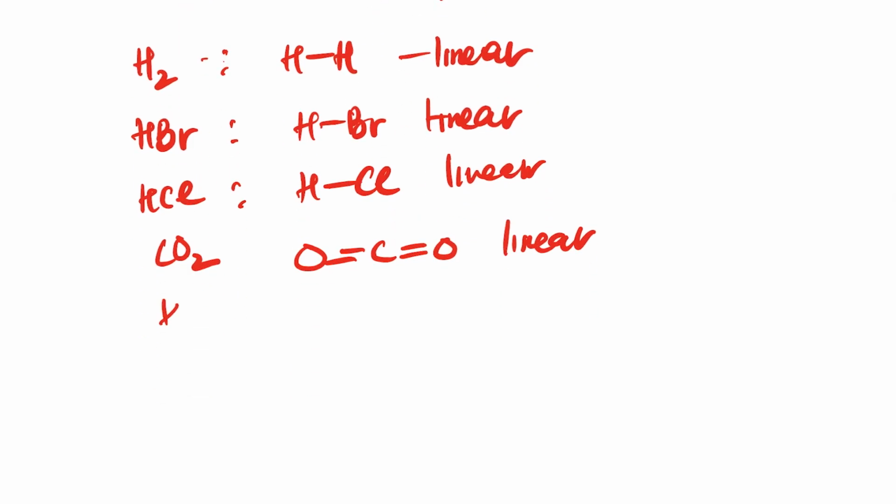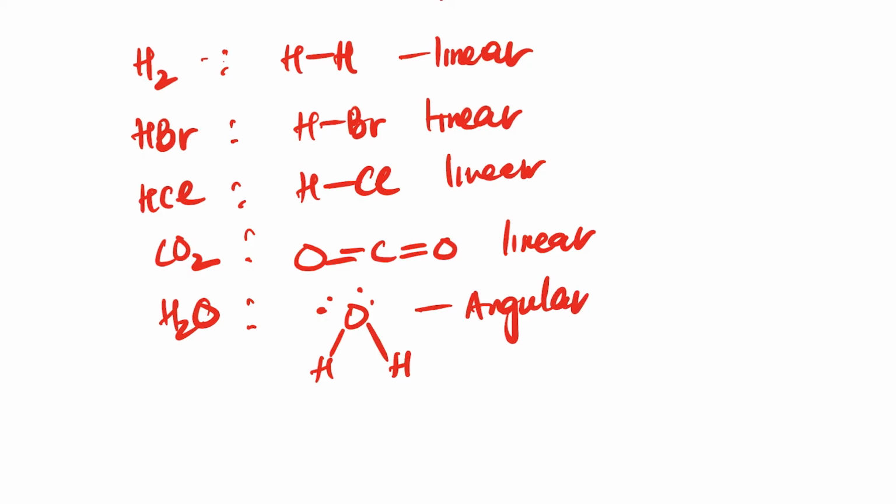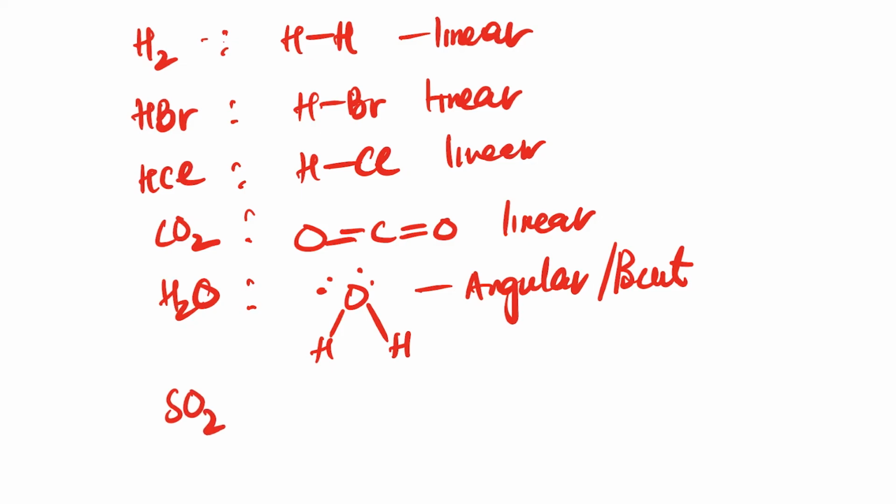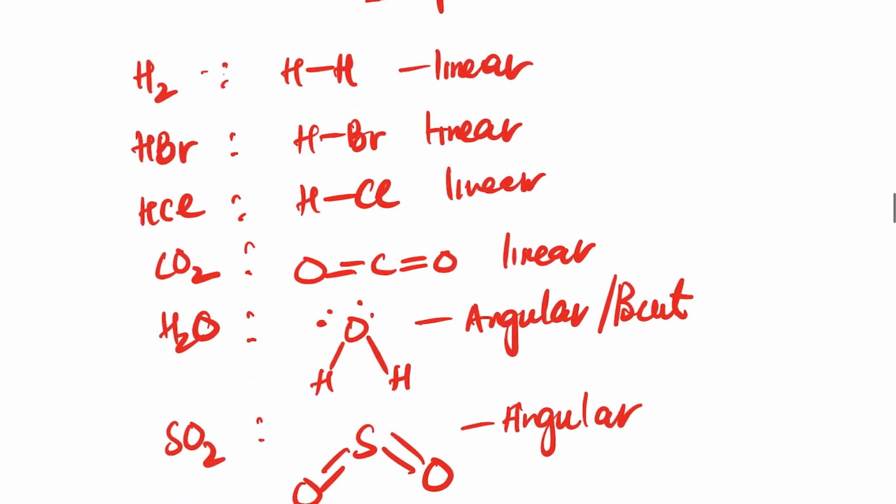Now let's look at the H2O. The H2O, guys, it's like that. Its shape, with its lone pairs, is angular, or bent, right? Let's take the SO2. The SO2 here, guys, it's like that. It's also an angular shape, right?